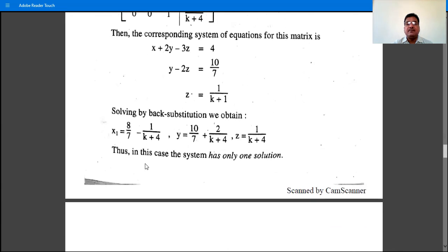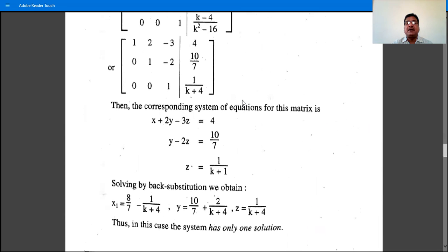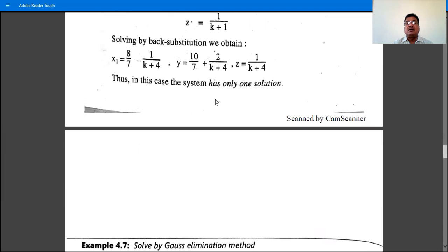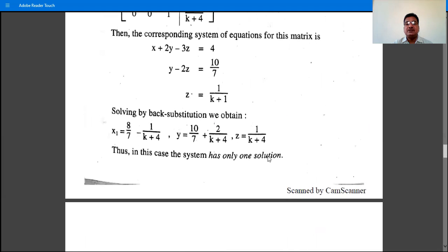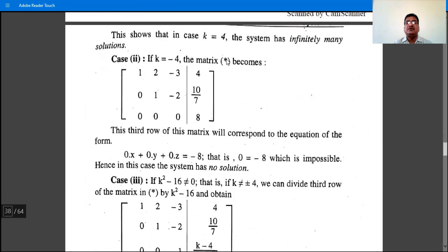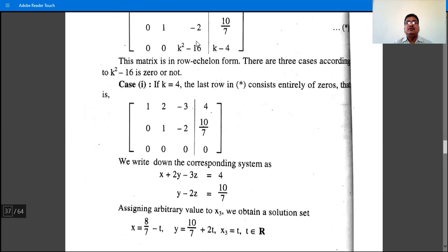This is the solution. If k is not equal to plus minus 4, the system does not have infinitely many solutions; it has a unique solution, because k square minus 16 is not equal to 0, and k minus 4 is also not equal to 0.